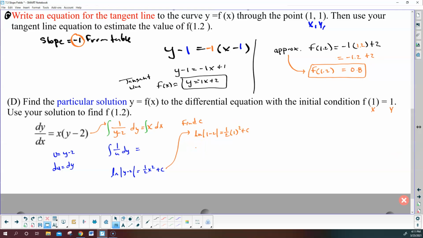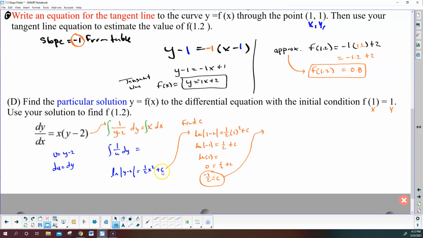So I get the natural log of negative 1. Notice this is where the absolute values come into play, because officially that turns into the natural log of positive 1, which we know is 0. That's really big. And then here we get 0.5. And then solve for c. I get c equals negative 1/2.